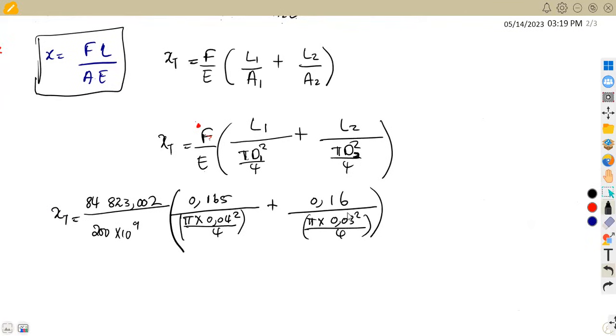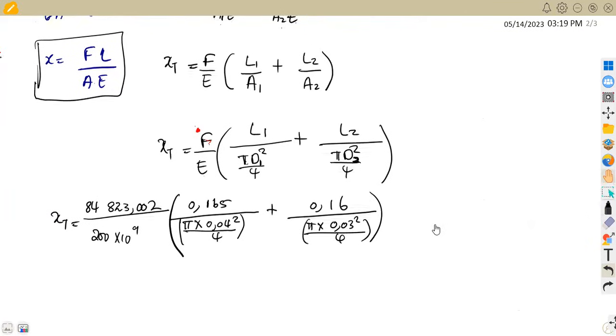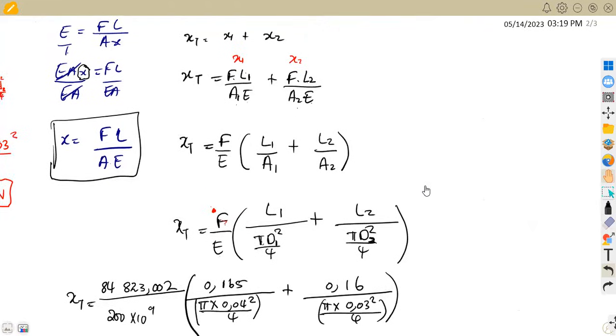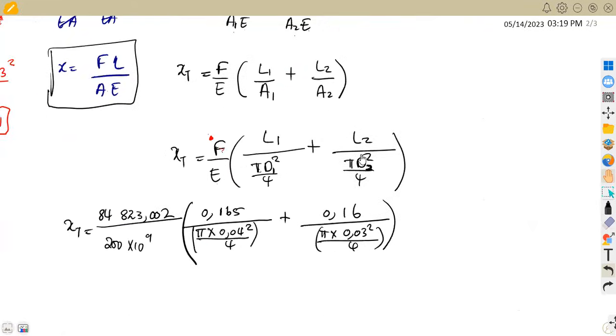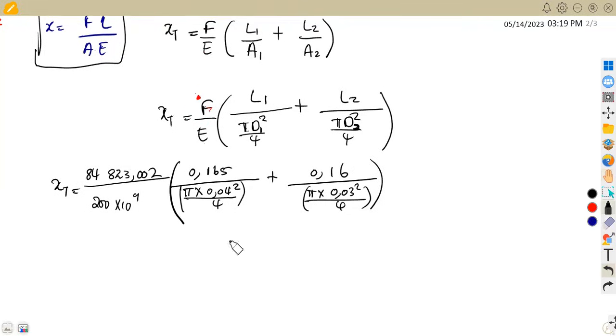If you can be able to manipulate your formula like this, you do not have problems. All you need is to just substitute your values from the manipulated formula, or to know this formula. Actually, it is very, very possible for us to know this formula. Okay, so if you are to calculate from this, you're going to obtain something like 1.168, and so forth, which is 17 times 10 to the exponent of -4 in meters.